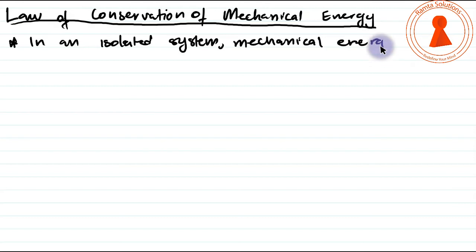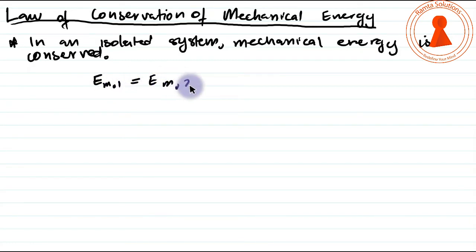Guys, remember, mechanical energy is the sum of an object's kinetic and potential energy. So in an isolated system, mechanical energy is conserved. I mentioned earlier, EM at point 1 is equal to EM at point 2.